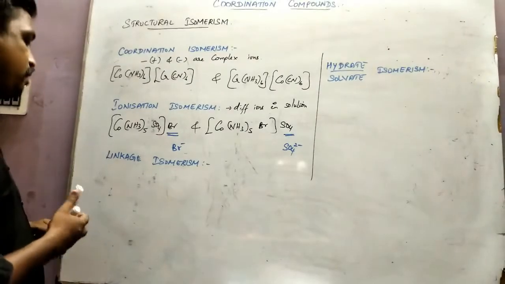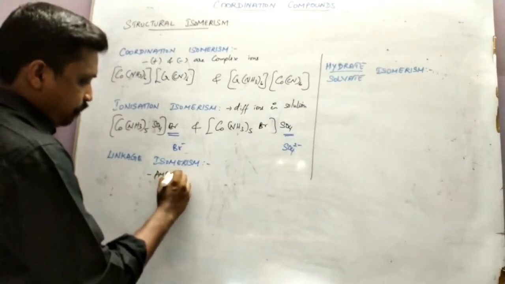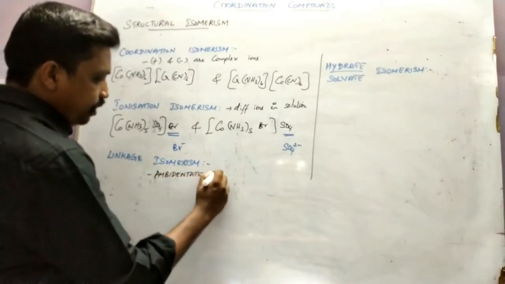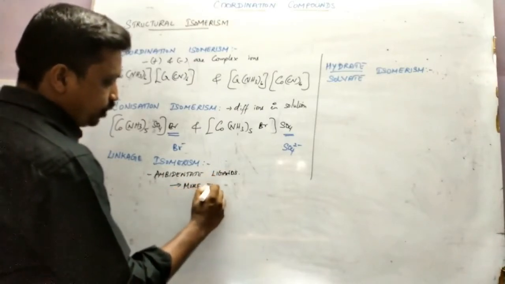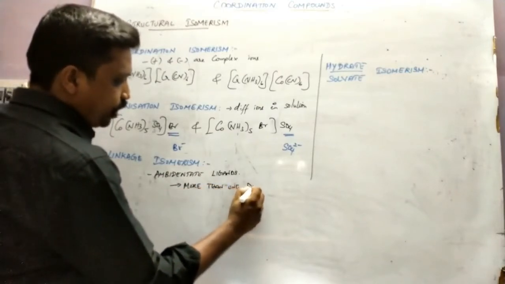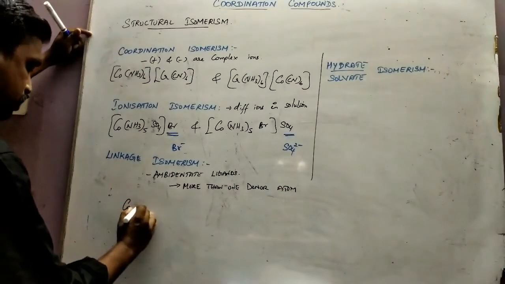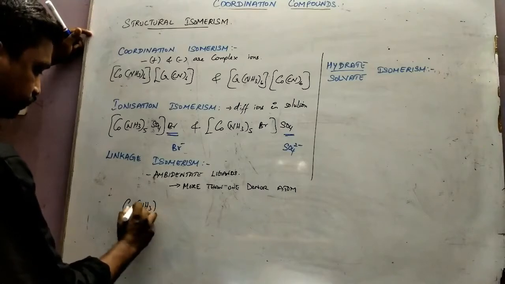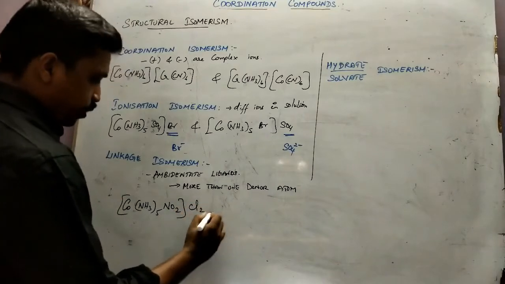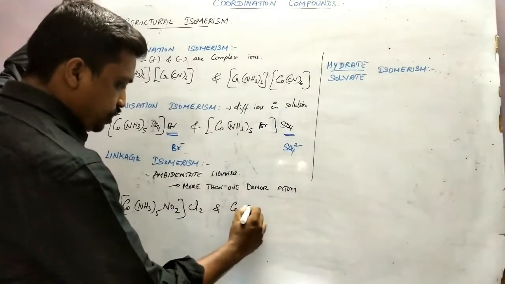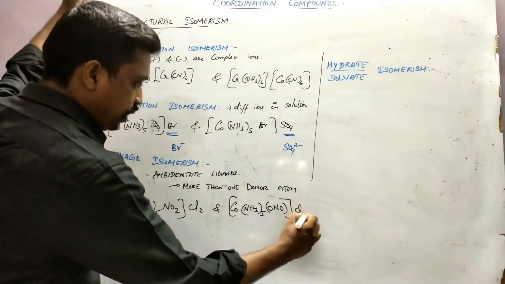Clear? Then, coming to linkage isomerism. This isomerism is observed in ambidentate ligands. I have already mentioned what an ambidentate ligand is: having more than one donor atom. For example, cobalt pentaammine nitro with 2 chloride species, and the other isomer is cobalt pentaammine nitrito with 2 chloride species.